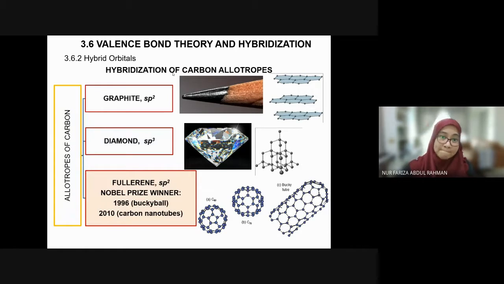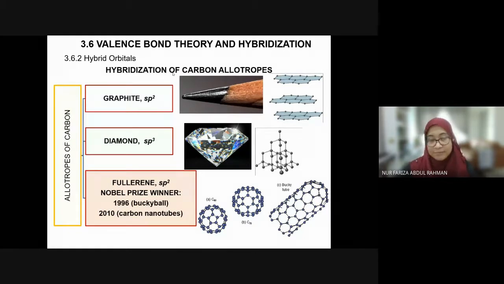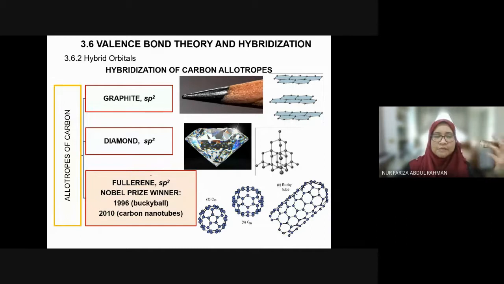That's why we are more interested in carbon, because carbon has so many applications. It can be very, very cheap and it can be very, very expensive. So, allotropes of carbon. An allotrope is like the structural form. It can have different structural forms.